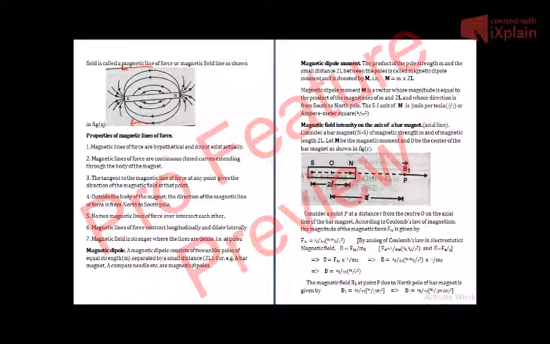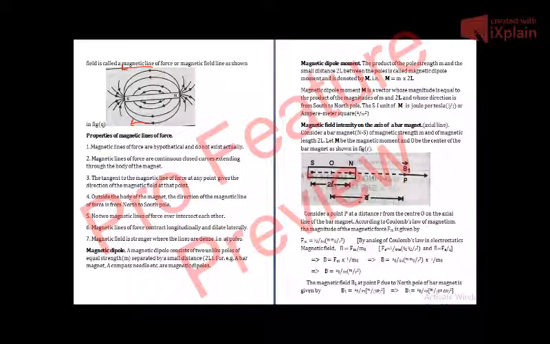According to Coulomb's law of magnetism, the magnitude of the magnetic force Fm is given by Fm is equal to mu naught upon 4 pi, m m naught upon r square. What is m naught?